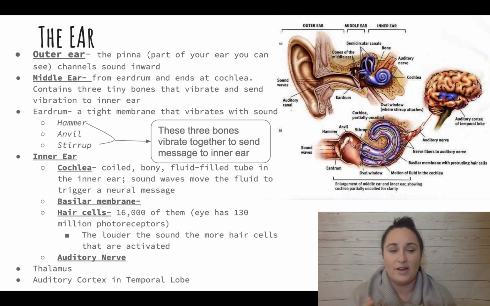So the movement of the hair cells on the basilar membrane, which is in the cochlea, is what sends the message to the auditory nerve. The auditory nerve is that collection of nerves, kind of wound up, like the optic nerve when we were talking about the eye. And that's what's going to send the message to the thalamus and then to the auditory cortex in the temporal lobe.